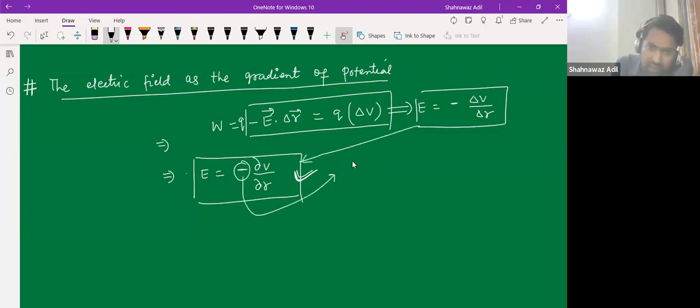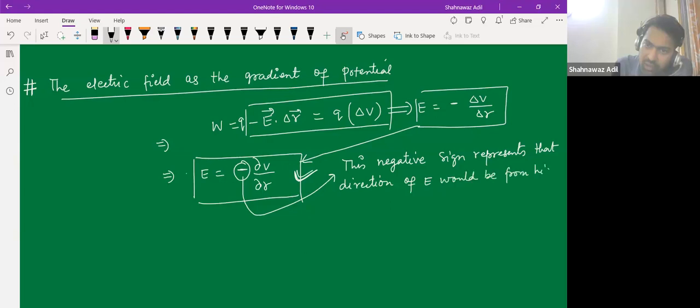So this is how we get this relation. This negative sign represents the direction of the electric field, from higher potential to lower potential.